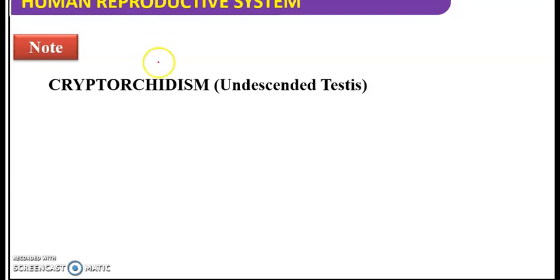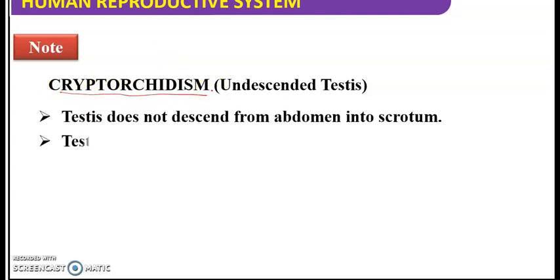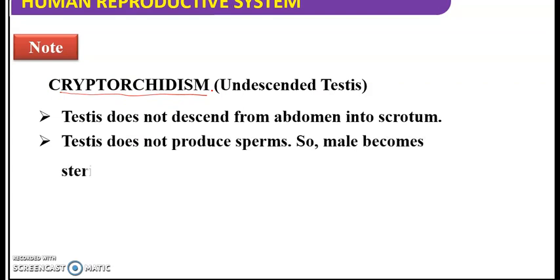But there is a condition called cryptorchidism. This is called undescended testis, meaning the testis does not descend from the abdomen into the scrotal cavity. They will always be in the abdominal cavity. Now what happens if the testis is in the abdominal cavity? The temperature will be equal to the internal body temperature. As a result, they do not produce sperms.